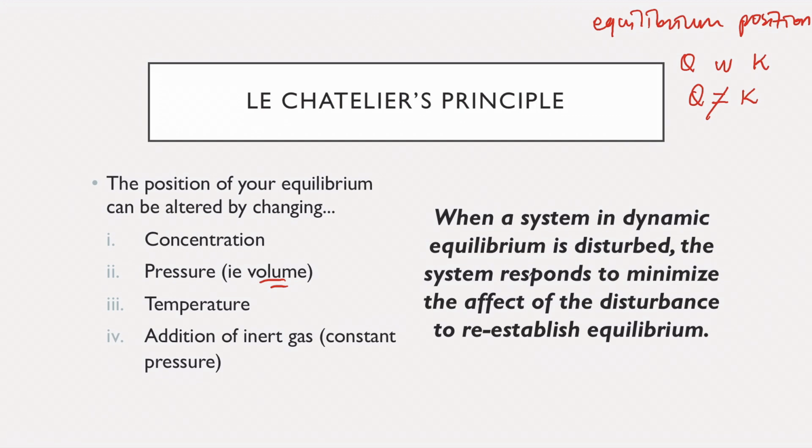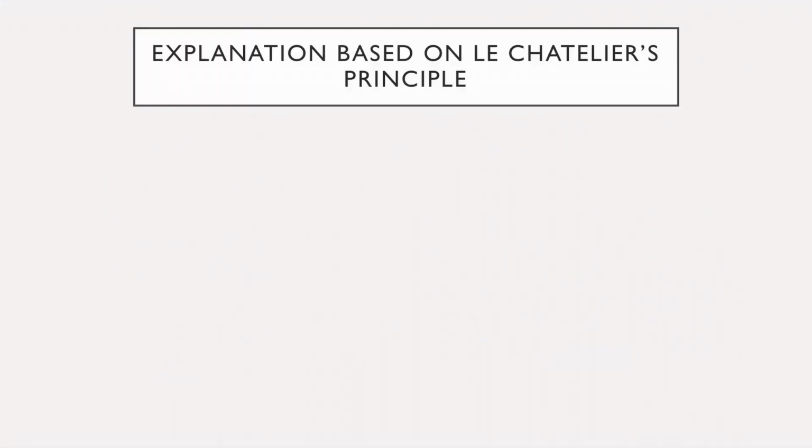So when your system is disturbed, your system will reduce that disturbance. We'll see later how, until it gets its equilibrium back. How we will explain, based on Le Chatelier's principle.